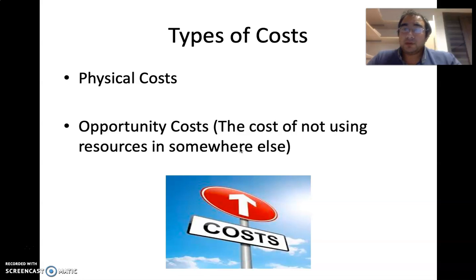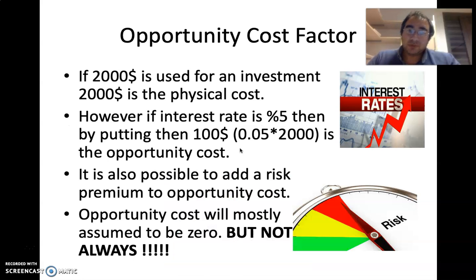Well, to see opportunity cost a little bit more clearly, you can think about this. For example, let's say I'm making an investment and that investment is $2,000 worth. That investment might be buying a shop, for example, or even if I have a shop, I can buy 3 or 4 or 10 more tables for that shop. So $2,000 is the physical cost I'm paying for that investment.